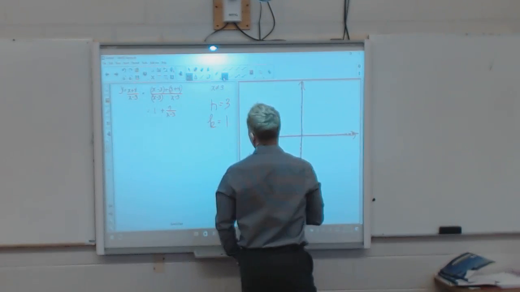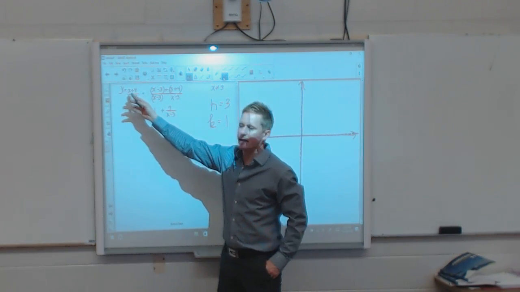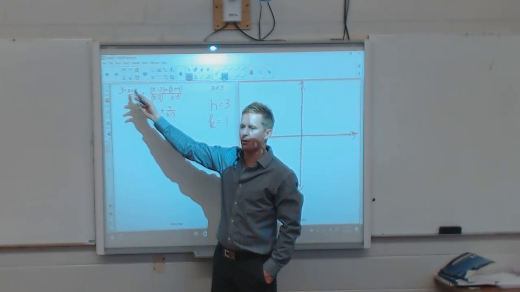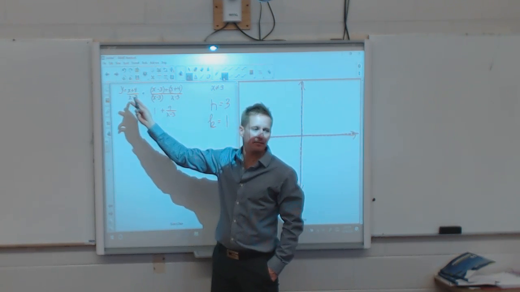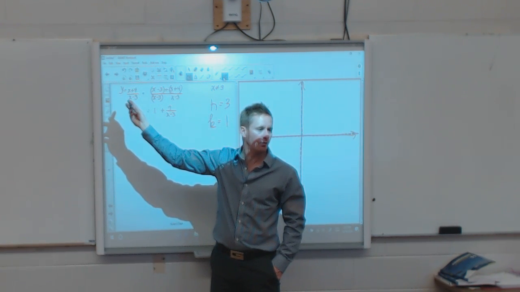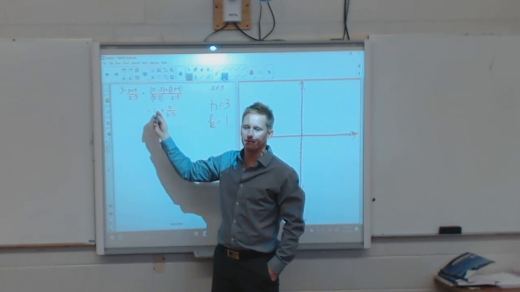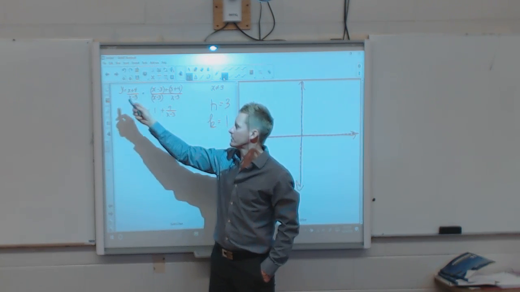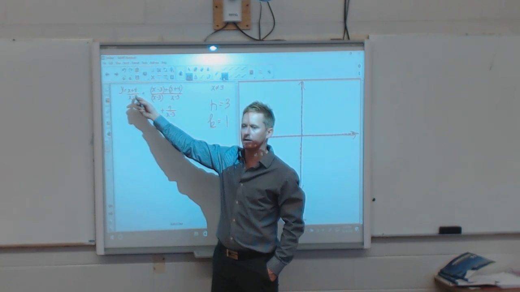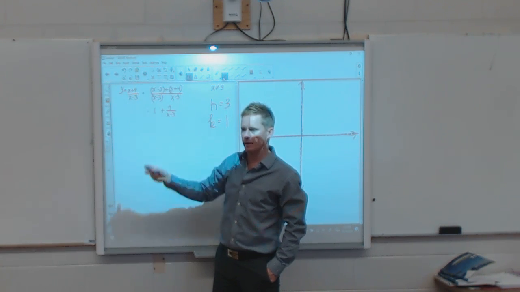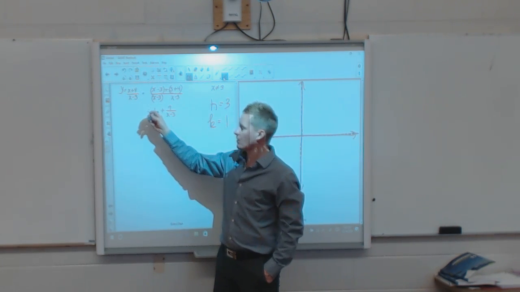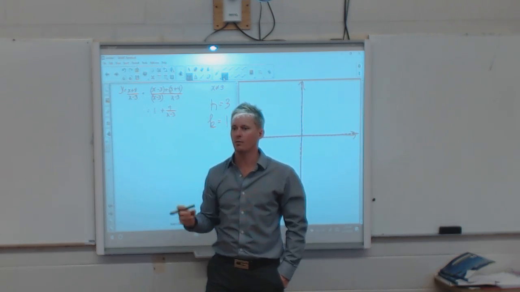Correct? So what they're saying is that by looking at this in the form it is, that value down there gives you the horizontal asymptote. This value here gives you your vertical asymptote. Sorry, backwards. That's your vertical asymptote, because it goes through x. This is your horizontal asymptote because it goes through y.